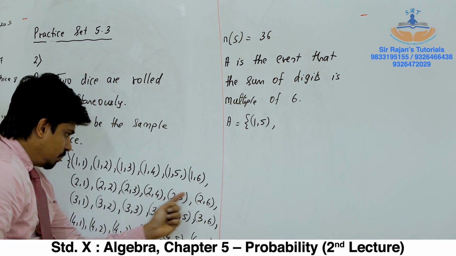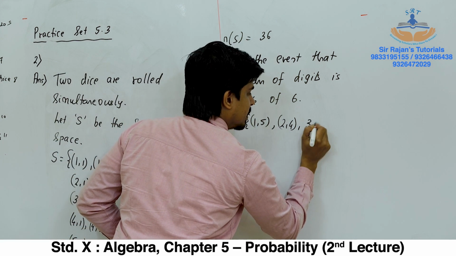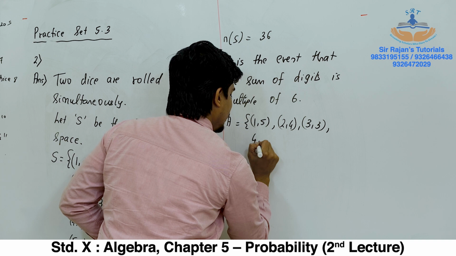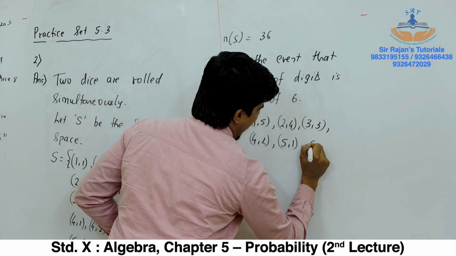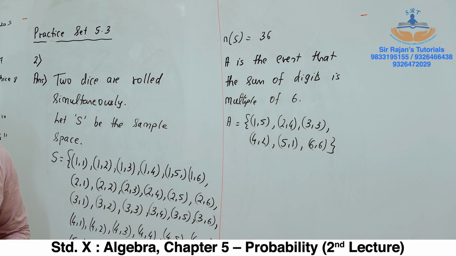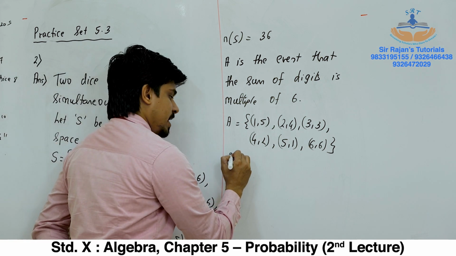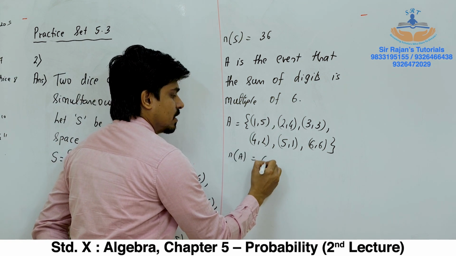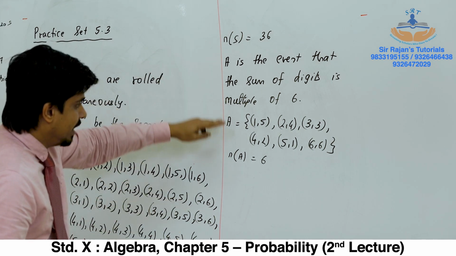Then in this row 2, 4. Then in the third row 3, 3, fourth row 4, 2, 5, 1, then you will have 6, 6. So these are the 6 possibilities where the sum is a multiple of 6. Then n of A will be equal to 6. Clear? So this is about your event A.